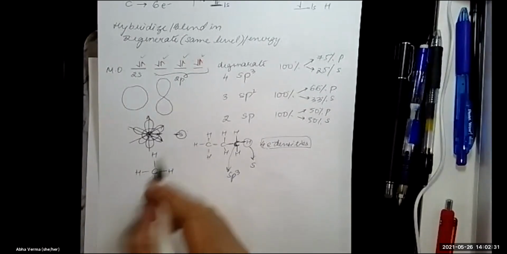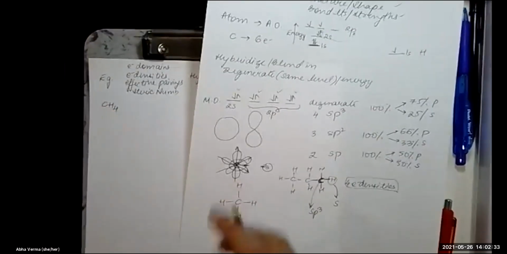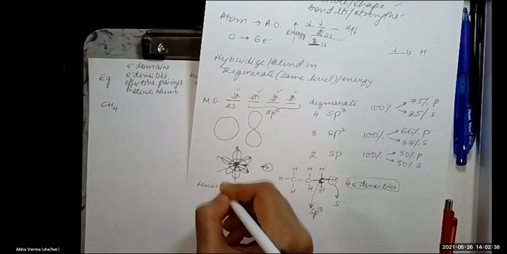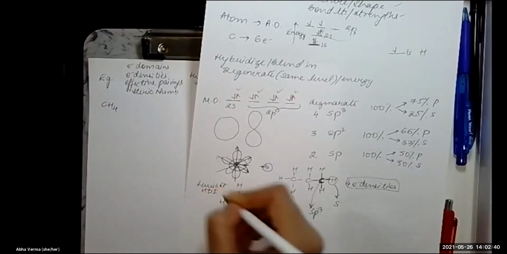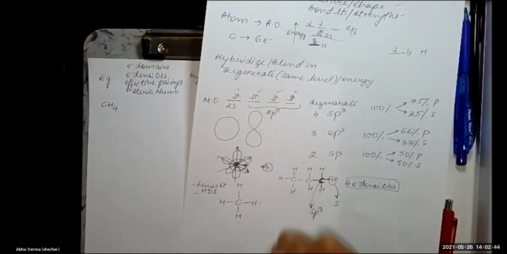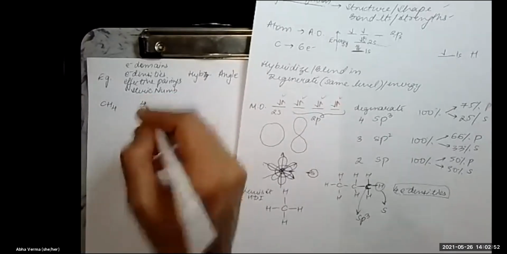CH4. Okay. So before you draw CH4, you have to think everything about your Lewis structure, about your HDI, right? All that. You have to think about it before you draw this CH4. So how many electron densities are around CH4? There are 4, or the steric number is 4.